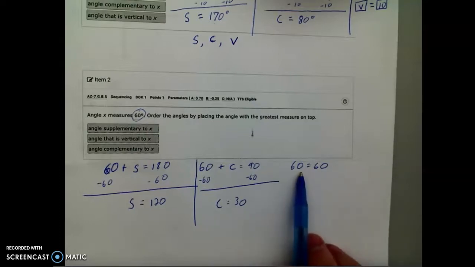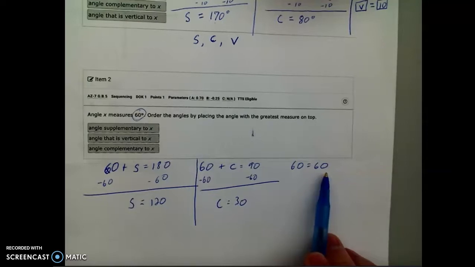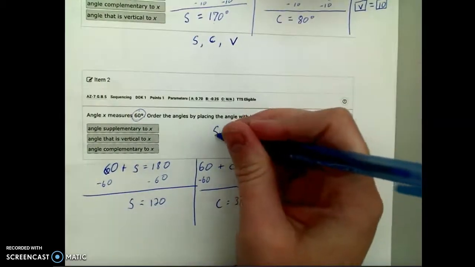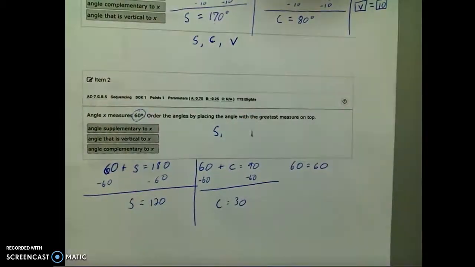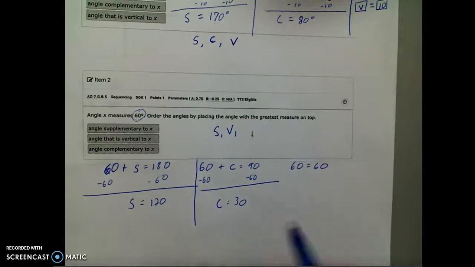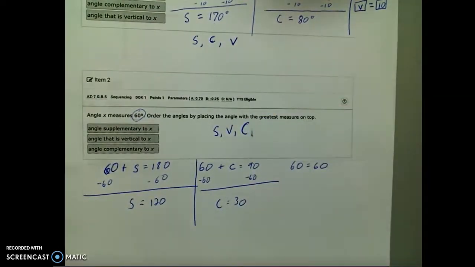My vertical angle is equal to the 60 degrees. There we go. Now if I wanted to put these in order from greatest to least, the greatest number is 120, so I'd pick supplementary first. Then it would be the vertical angle at 60. And last but not least, the complementary angle at 30 degrees. And there we have it. We have ordered them from greatest to least.